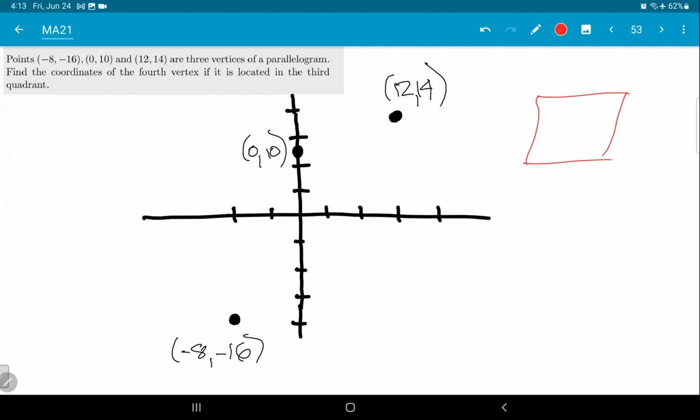A question, is a square a parallelogram? Yes. Is a rhombus a parallelogram? Yes. Is a rhombus a square? Yes, not always.